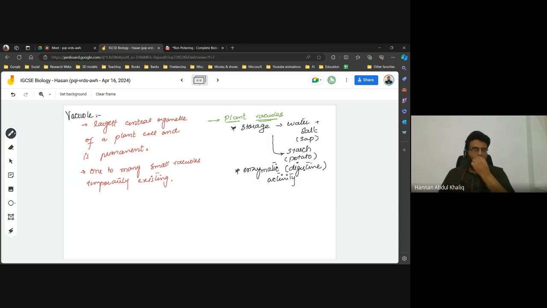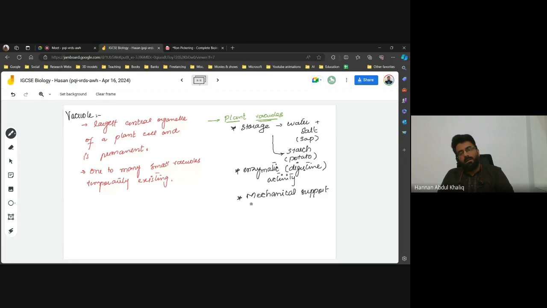So these can also be extracted from the plant vacuoles. And remember that they give mechanical support to the cell, which I have already told you.